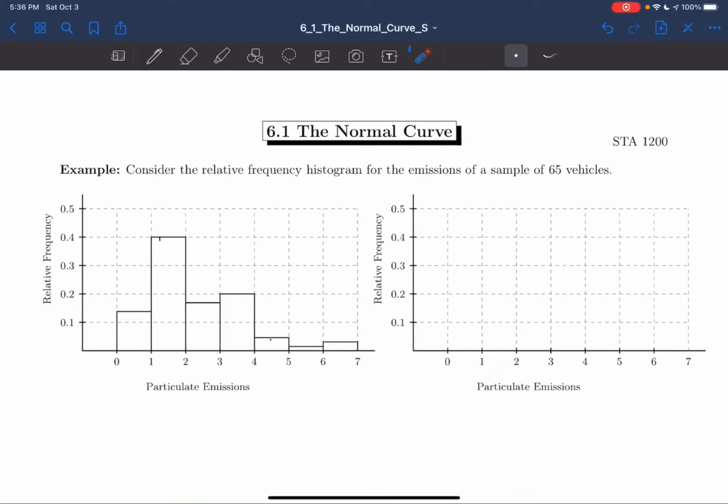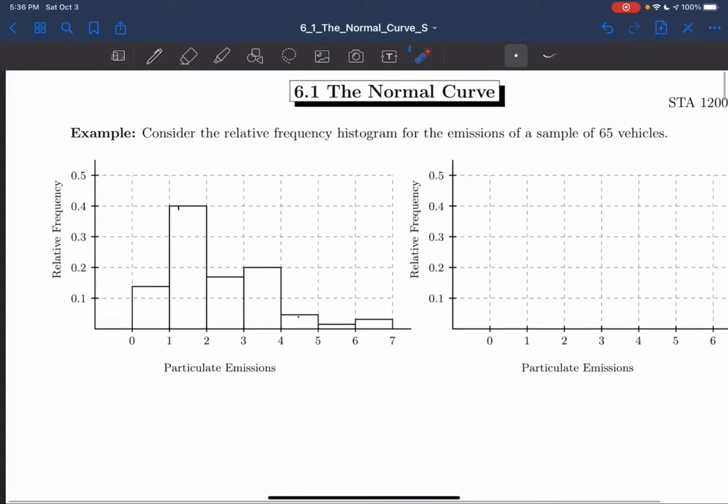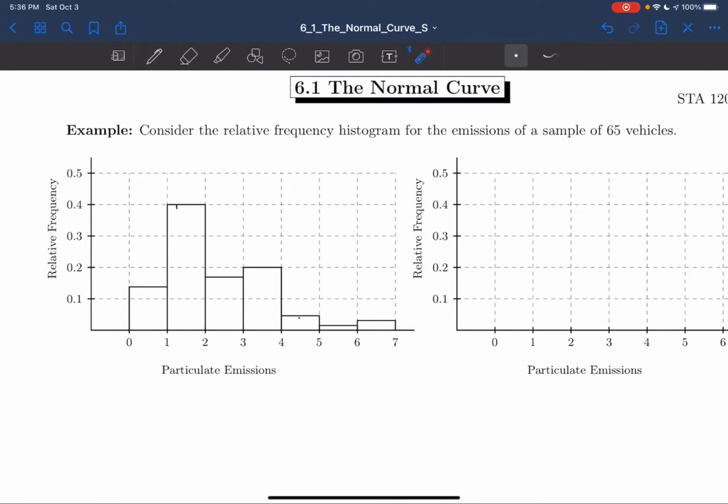In this section, we're going to go over some more probabilities, but in this case, we're going to talk about area. So here, let's recall what a relative frequency histogram is. Here, we have a relative frequency histogram for the emission of a sample of only 65 vehicles.